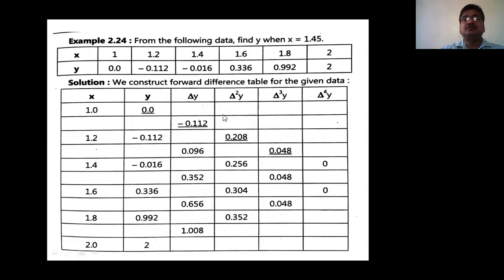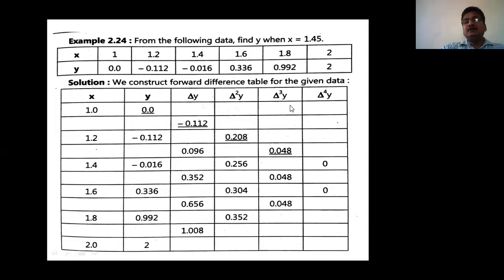And so we first prepare the forward difference table. So this is the forward difference table. The first column contains values of x. We are given six values of x as well as y. And so the last column of the table would probably be delta raised to 5y.